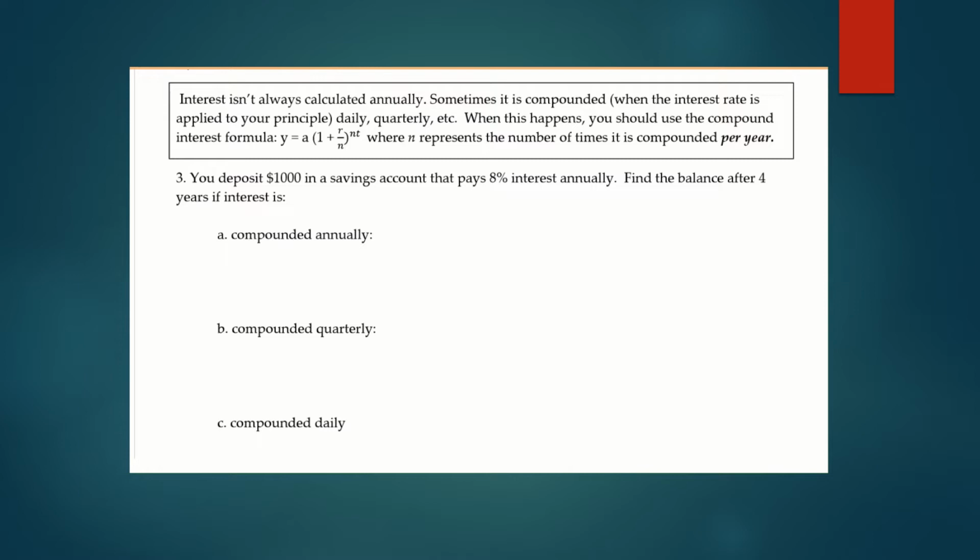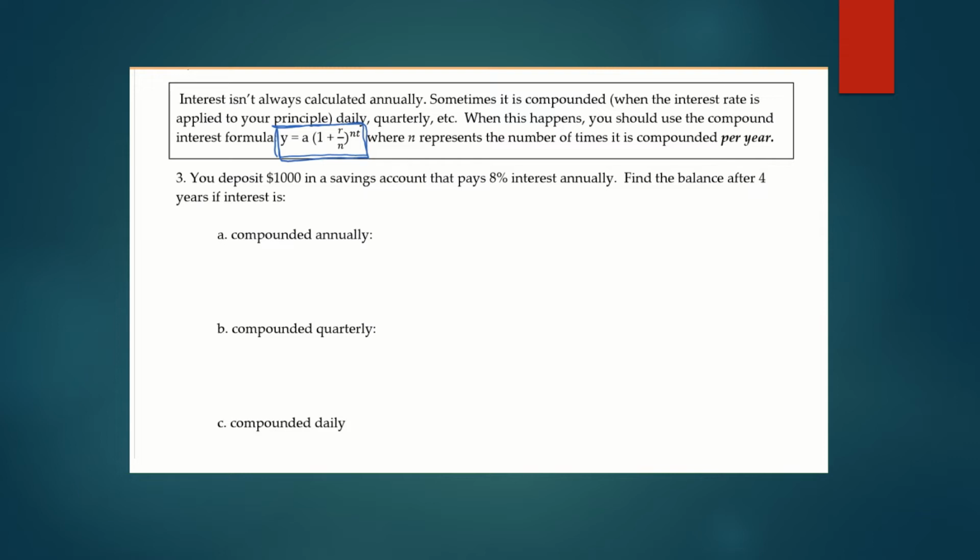So there is a particular formula that is used when we talk about compound interest, and that is this formula right here. Okay, so we're going to have n represent the number of times that your interest is compounded per year.